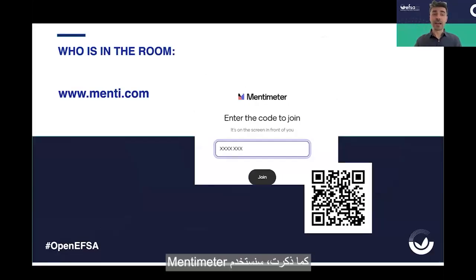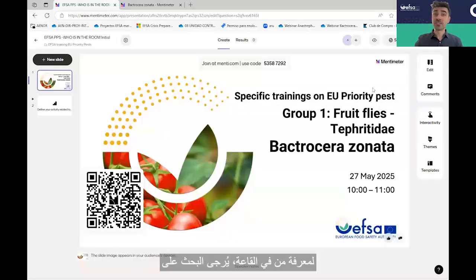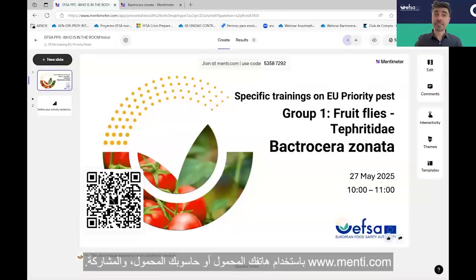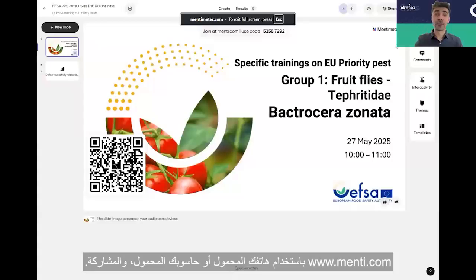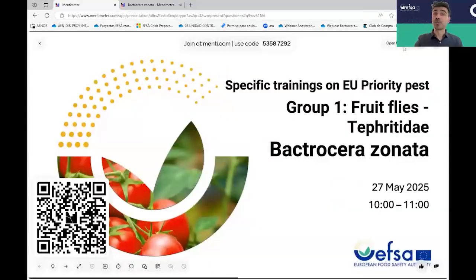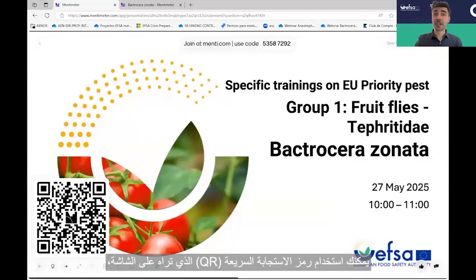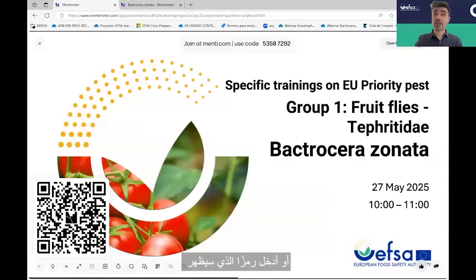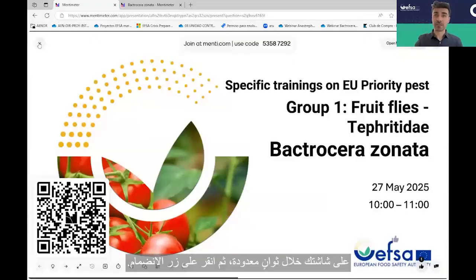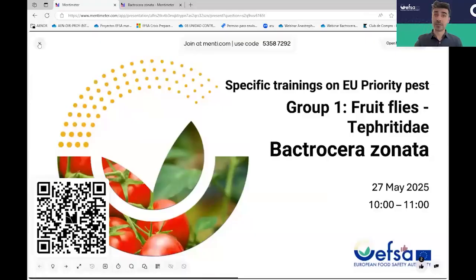As I said, we are going to use Mentimeter just to know who is in the room with us today. We would like to invite you all to participate in a poll. Please go to www.menti.com with your mobile phone or laptop. To participate, you can either use the QR code that you're seeing on the screen or enter a code that will be displayed in a few seconds, and click the join button.